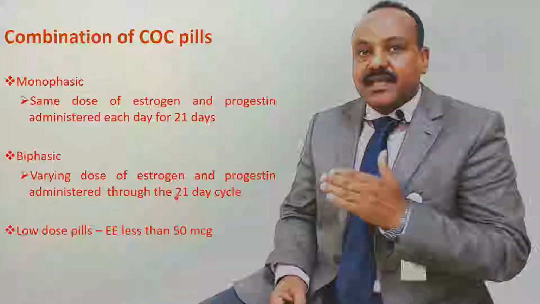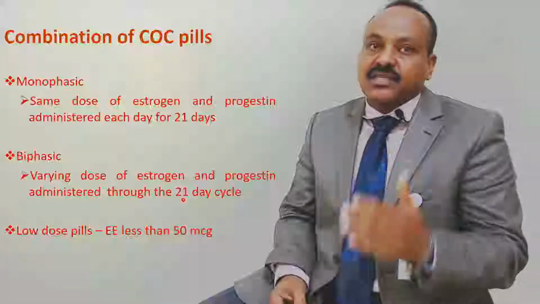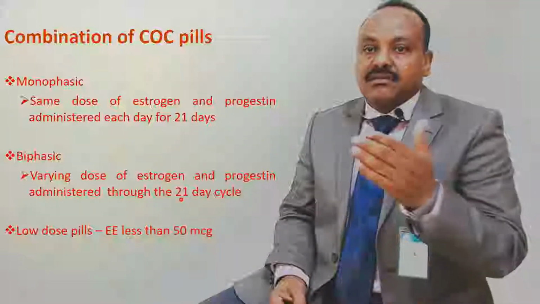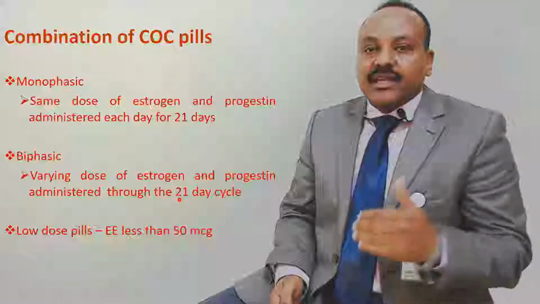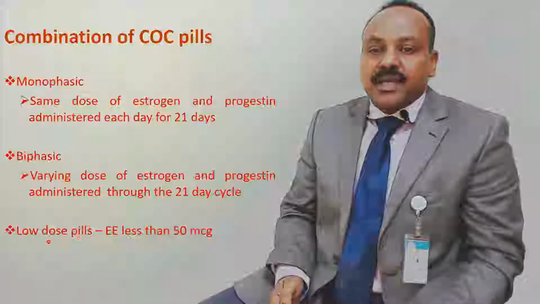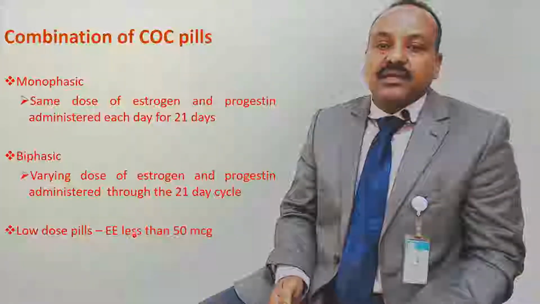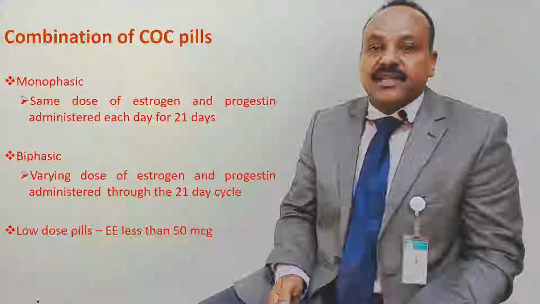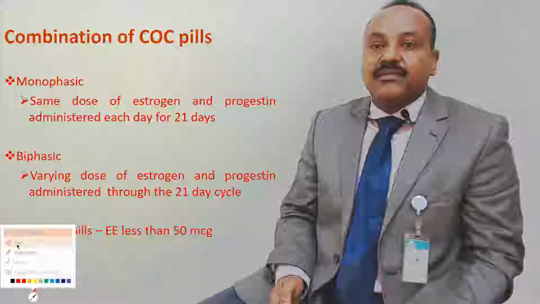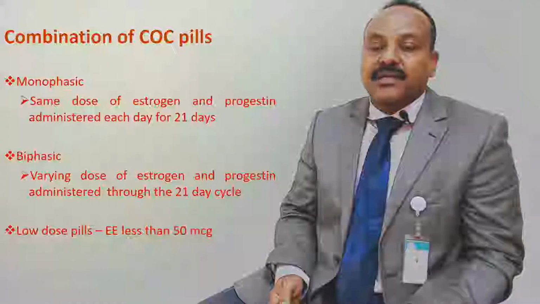This means that the tablet contains different concentrations. And we have another preparation, the low dose pill, containing ethinyl estradiol. EE means ethinyl estradiol, less than 50 microgram per tablet.